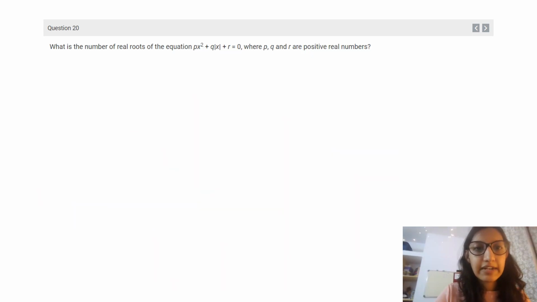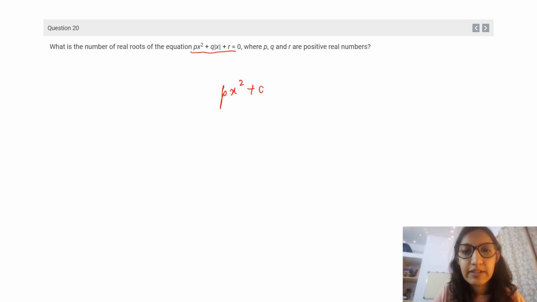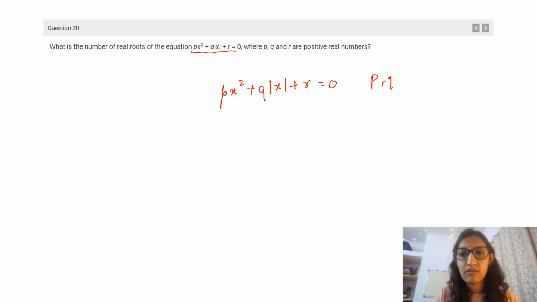Okay, we need to find the real roots of px square plus q mod x plus r equals to 0. So see, in this question, when you write this down, you'll understand p, q, r all are positive real numbers. It is given.